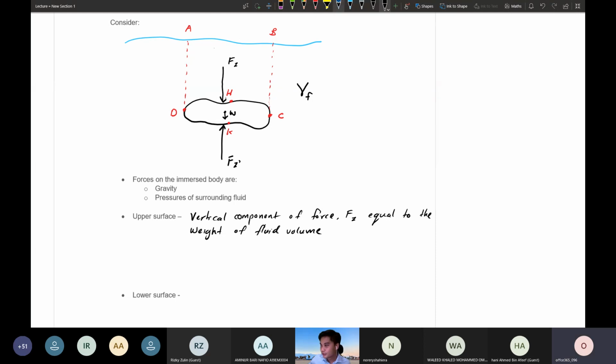So that means Fz is actually equal to the weight of the water above the surface, top surface.